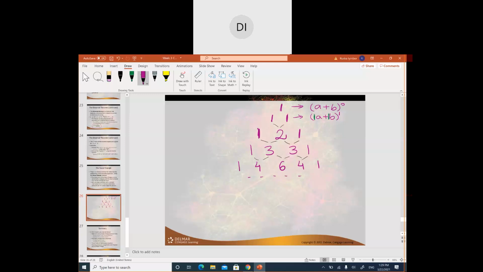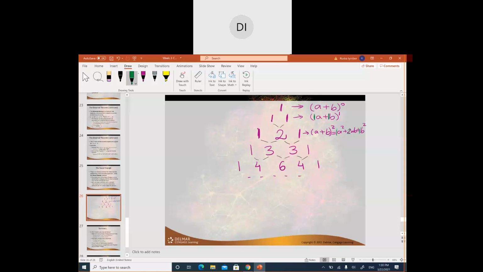If you want to do a plus b squared, technically I'm going to give you a formula, or you can FOIL and you're going to get this. And these are the coefficients. 1a squared, 2ab, and 1b squared. So these are exactly the numbers, 1, 2, and 1.